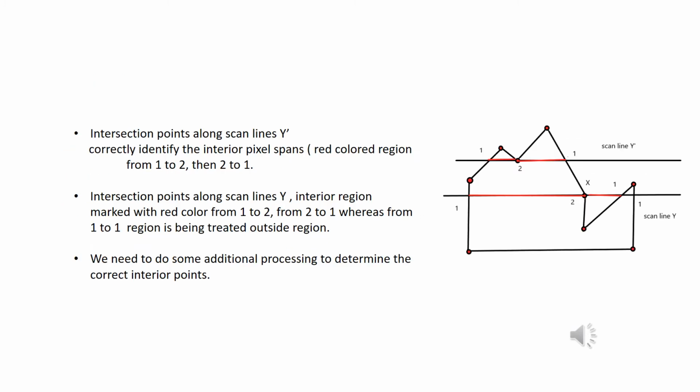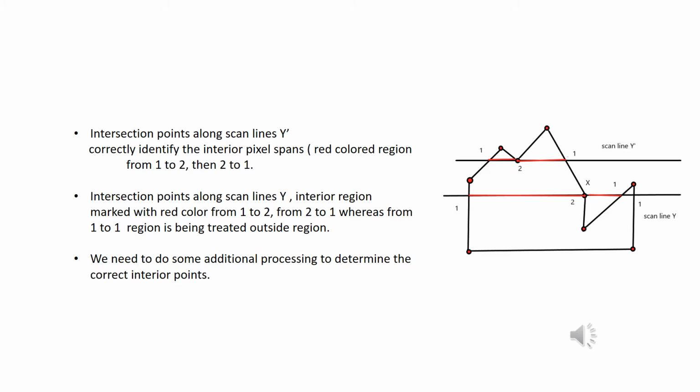In this slide, we will understand why we are talking about double intersection points and single intersection points. For this polygon, we are considering two scan lines, scan line y dash and scan line y. Scan line y dash has intersected this polygon at 4 intersection points.